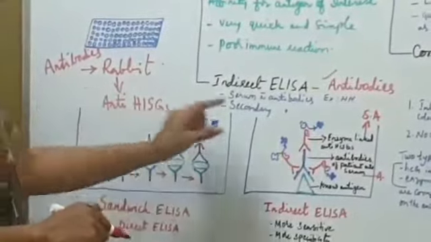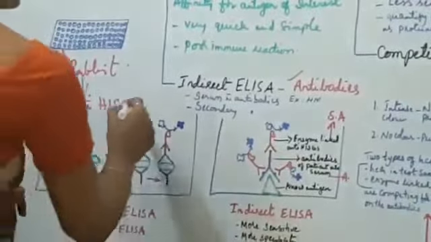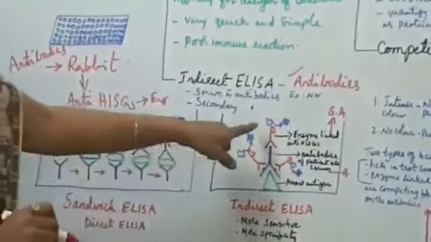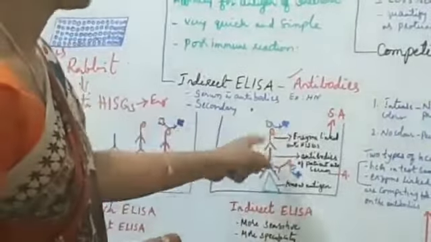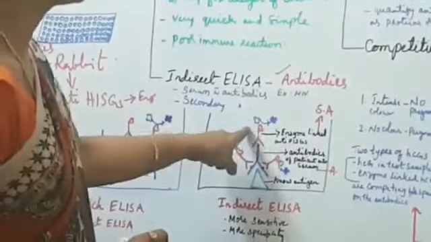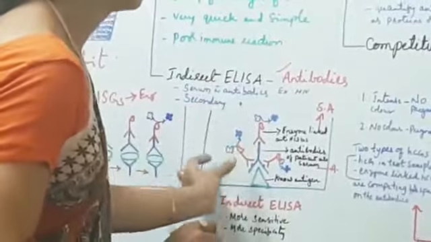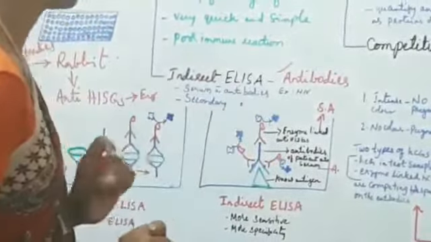These are called secondary antibodies. These are linked with enzyme and supplied. So these are now called enzyme-linked anti-human immunoglobulins. So these react with the substrate and change the color.